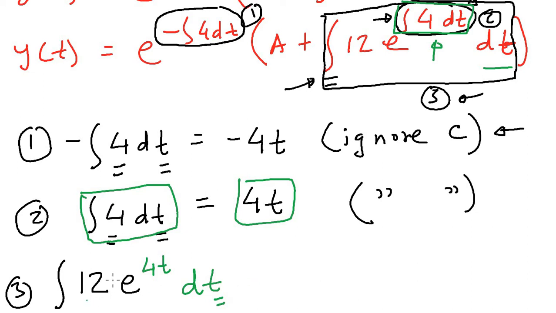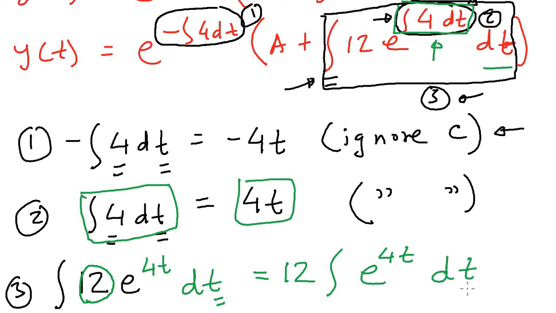So remember, this is a constant 12, so you can take it outside, you can write it outside, and then just focus on this part here. This particular t is telling you that this is the independent variable. So the independent variable is in the power, it is in the exponent. Remember, if the independent variable is in the power, then you need to apply a different kind of rule.